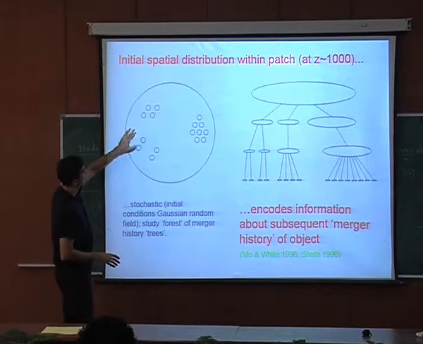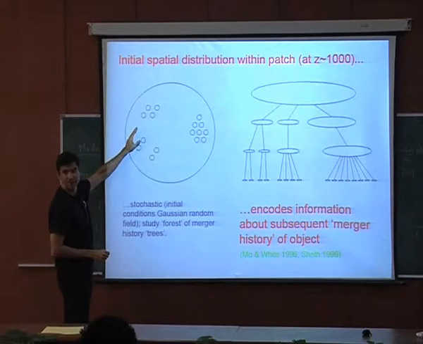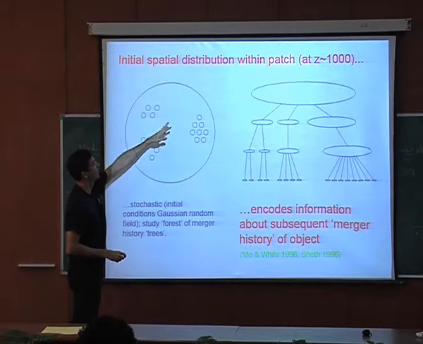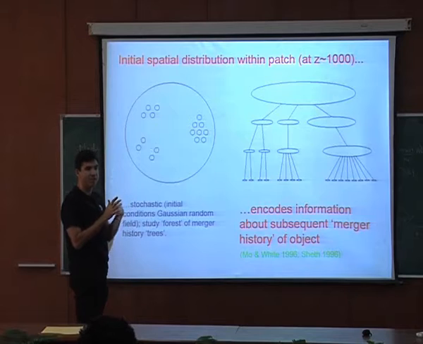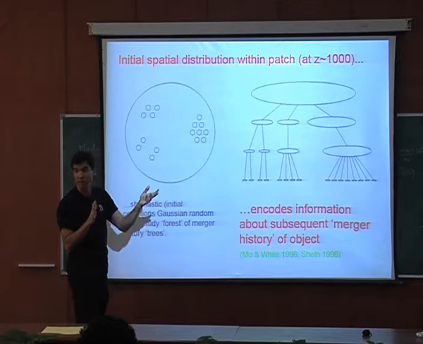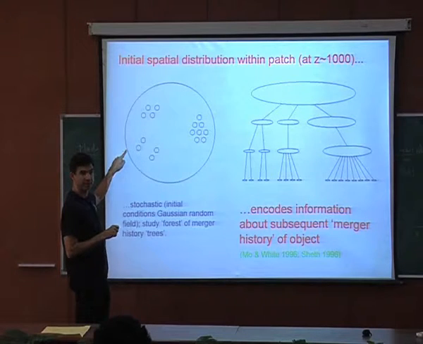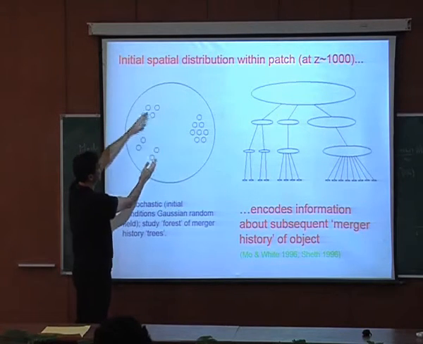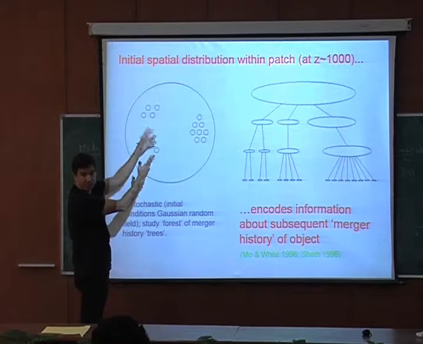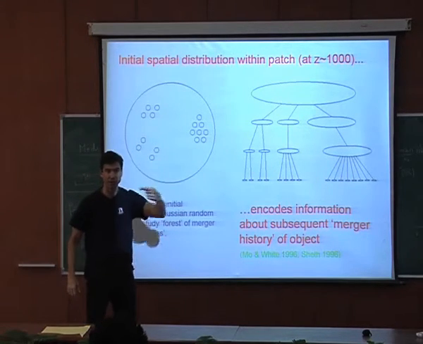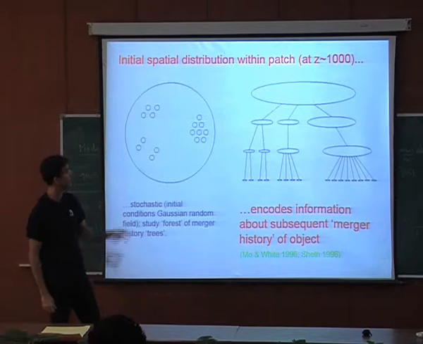So if this is the initial spatial distribution of the patch, these circles represent the overdense regions that maybe at redshift 1 were the collapsed halos of this redshift 0 object. And the idea is as this shrinks, they all stay inside here, right? And they will merge with each other. So that was the sketch we were drawing, you know, the yellow thing that was showing the mass increasing with time.